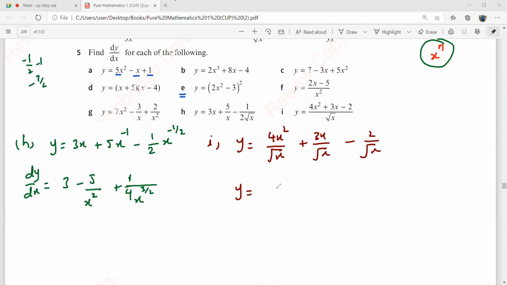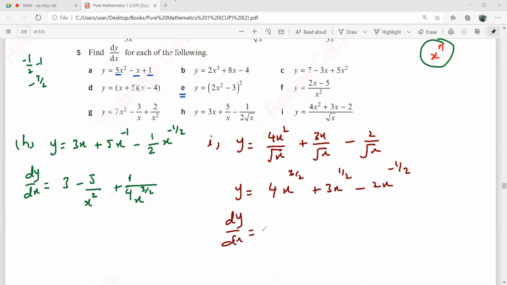So this y is going to be 4x raised to power 2 minus half is going to be 3 by 2. And 1 minus half is going to be half. This is 3x raised to power half. And this is minus 2x raised to power minus half. So here is my derivative.